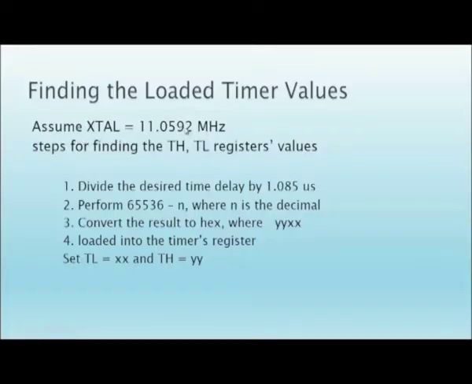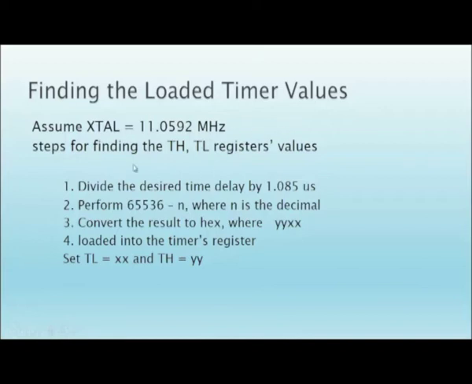Now, we will discuss how to find the value to load the timer. We are initializing some values in the T0 or T1 register, either 8 bit or 16 bit. How are we initializing? Based on our requirement only. Suppose you take the system frequency as the crystal frequency, which is 11.0592 megahertz.